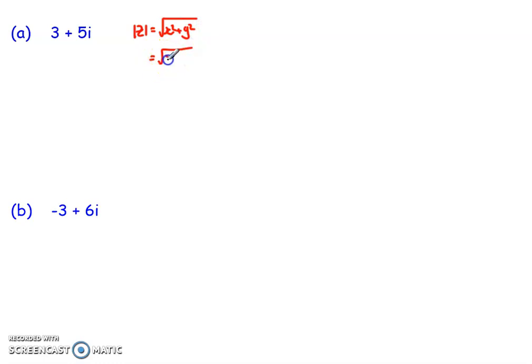In this case, that's the square root of 3 squared plus 5 squared. 3 squared is 9, 5 squared is 25, gives me the square root of 34. So we could leave it as square root of 34, a surd, if it wanted. If it asked us for a decimal one, if we take the square root of 34, we'd get 5.83 to 3 significant figures.